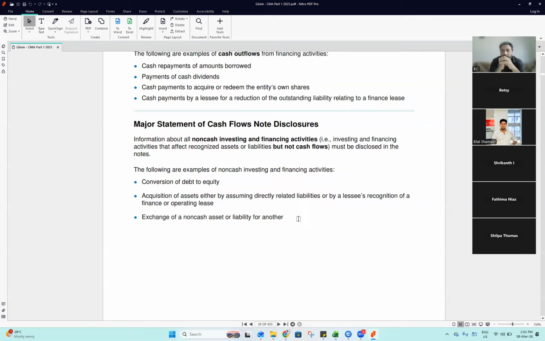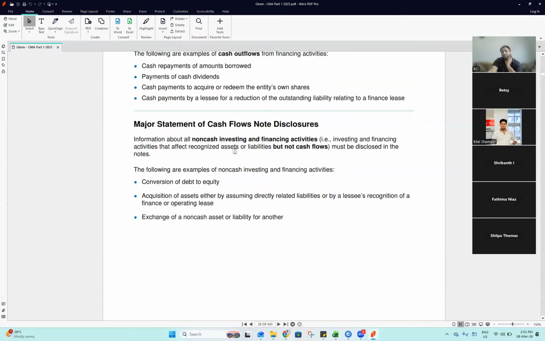We discussed dividends, right? If it is a cash dividend, we will automatically show it in our books. But what about the property dividend? Then you have to give it in the notes because it's a non-cash transaction. Clear? Or if you're going to settle any of your AR with AP, then these kinds of non-cash settlements also you have to give in the notes.